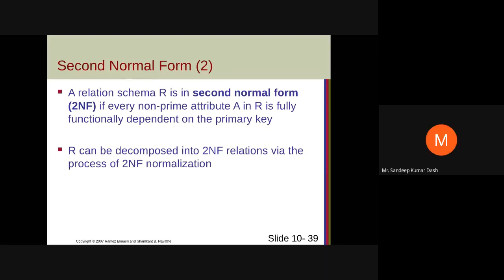Removing a single attribute would mean the dependency no longer holds. That means in a functional dependency, the deciding side, the X side or the left side, is indivisible. That means there is no redundancy in that.